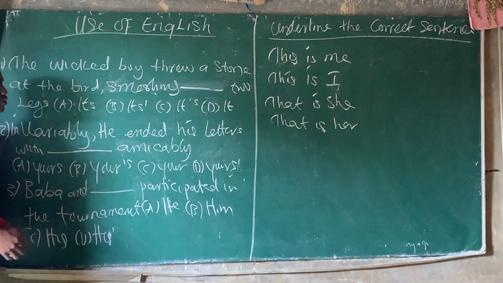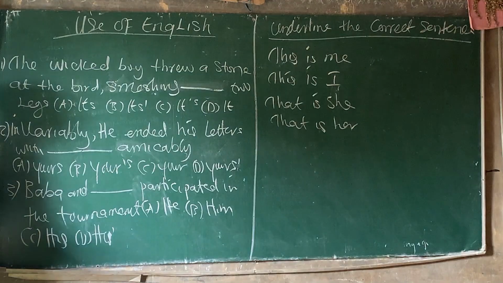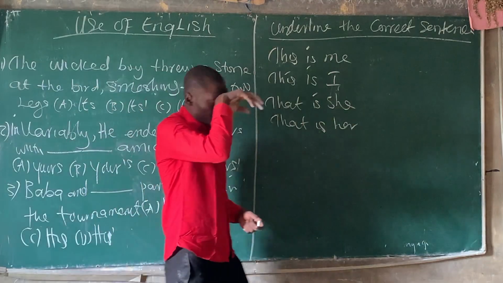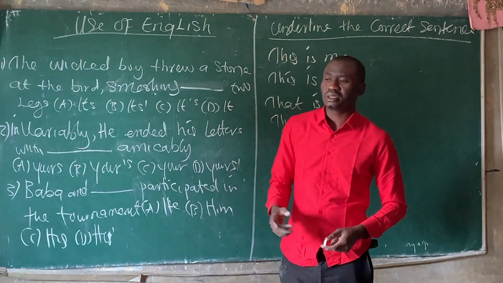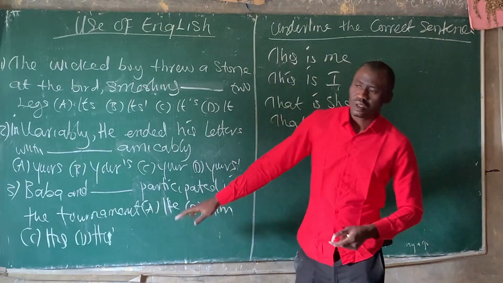Okay. What's the answer to the first one? C. Okay. Good. Another person. A. Now, you must know the reason why you choose your answer. Why did you choose B or C or A? Look at this question.